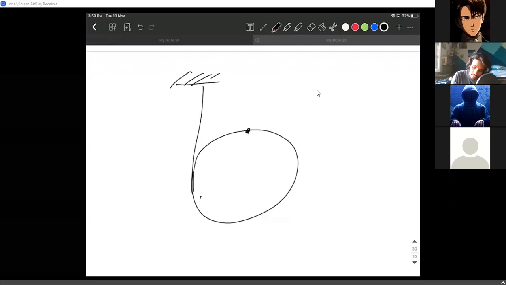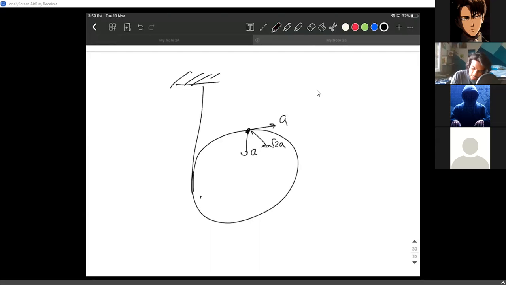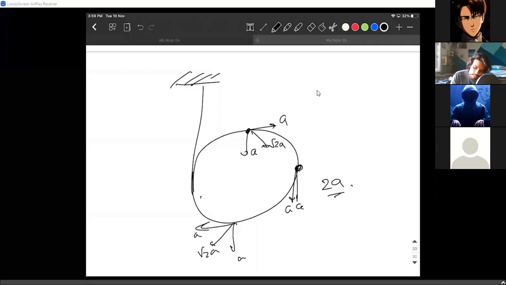So this part has A like this, so it has root 2A. This has A downward, so the acceleration of this end is 2A. The acceleration of this end is root 2A. The acceleration of this part is A downwards, A upwards, so acceleration is 0. You get that?